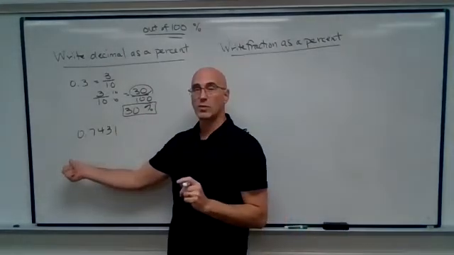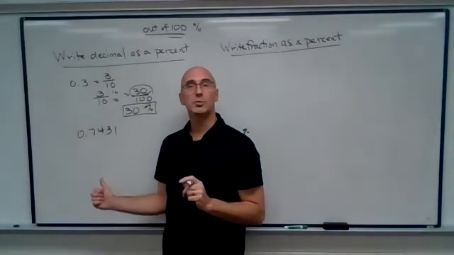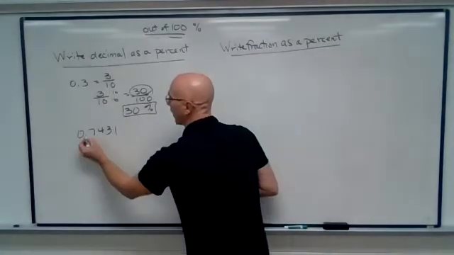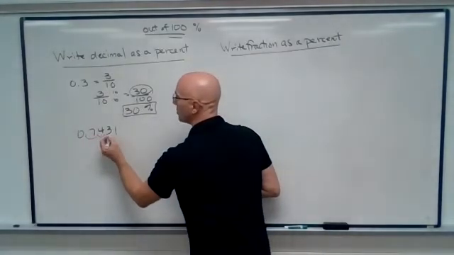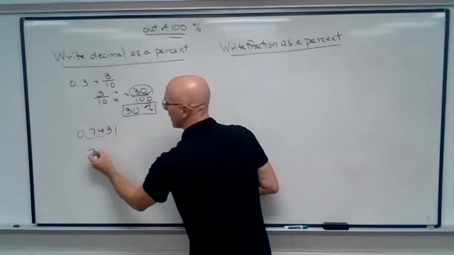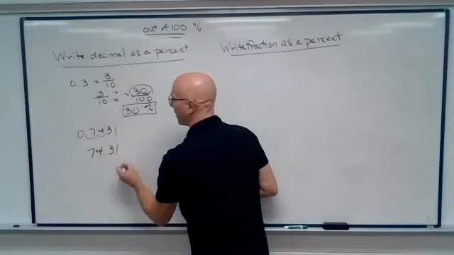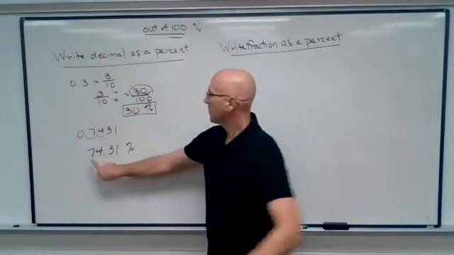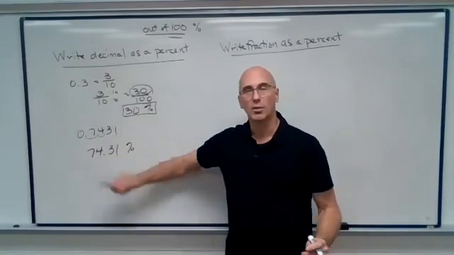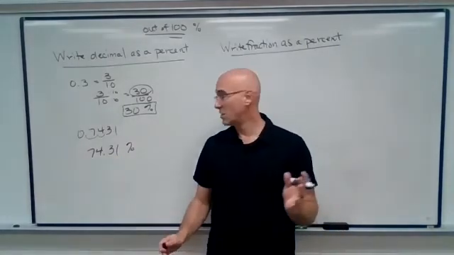Now I am going to do the opposite. I'm going to move it 2 places to the right. So I go 1, 2, and my decimal place is now right there. So it is 74.31%.